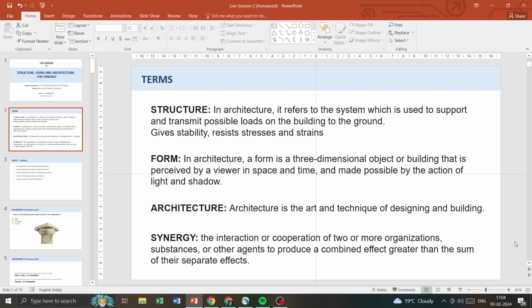Form means the shape, the three-dimensional object or building that is perceived by a viewer in space and time. It's basically shape, how we see something in the world. And architecture is the art and technique of designing and building. And synergy means combining 2 or 3 organizations or agents to produce a combined greater effect.